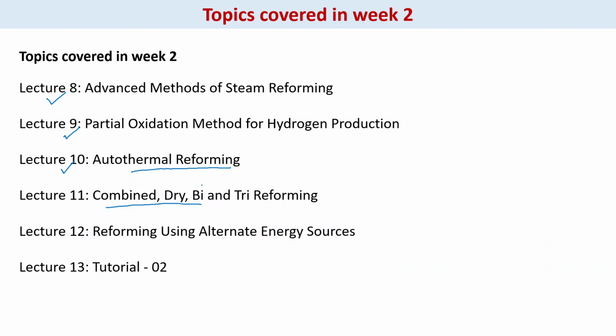In the above topics or processes, we have seen that only one oxidant was used. Like in the SMR reactions, the oxidant was water, meaning vapor. In the partial oxidation method, what is the oxidant used?